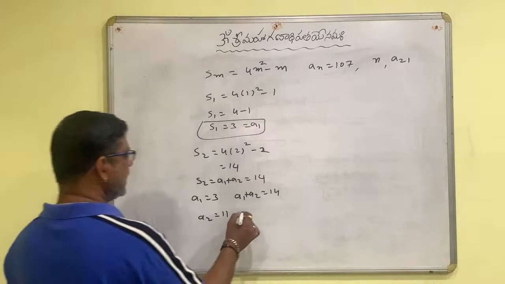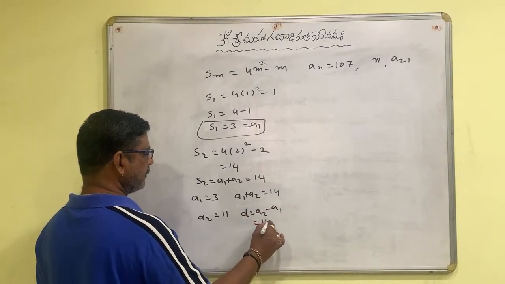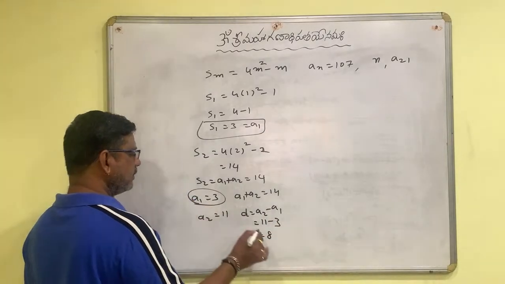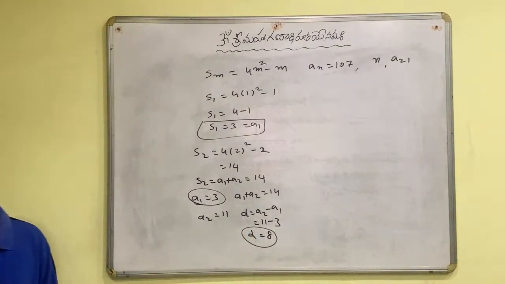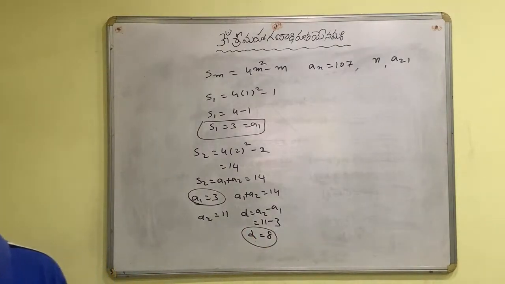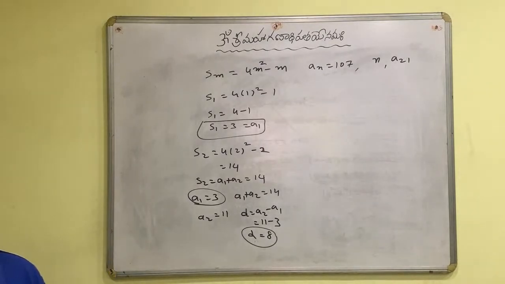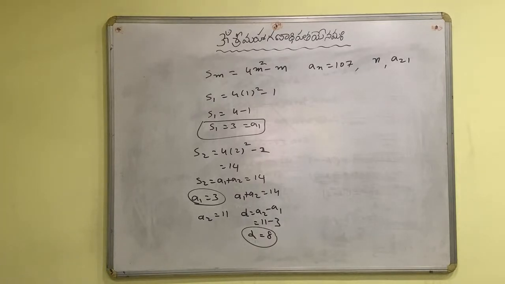Then what is d? a2 minus a1, which is 11 minus 3, 8. So you know a and you know d. If we know a and d, we can find out any term in the given arithmetic progression.